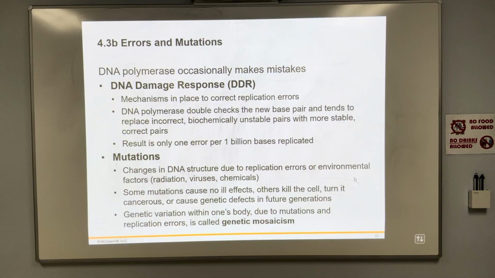Mutations are changes in the DNA structure. It could be because of metabolic stress. It could be because of ultraviolet radiation. That's why sunlight causes cancer, because it damages the DNA. So you have this melanin. This dark color is like a sunscreen to protect the DNA from the damage.